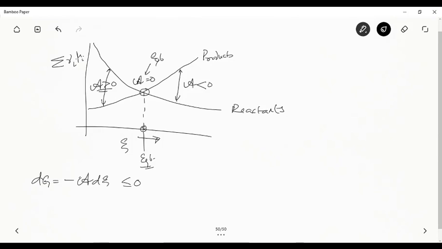So when A is positive, that is here, the reaction progresses in the forward direction. And when A becomes negative, because the spontaneity condition requires the product to be negative, d xi has to be negative, because of minus A d xi. So this basically becomes A d xi greater than or equal to 0 as the spontaneity condition.